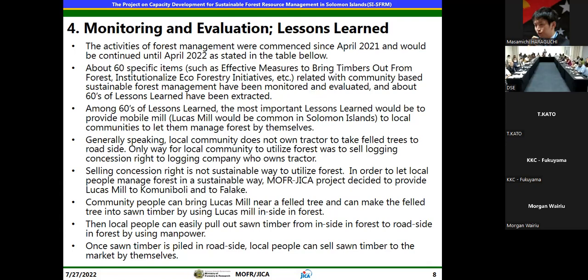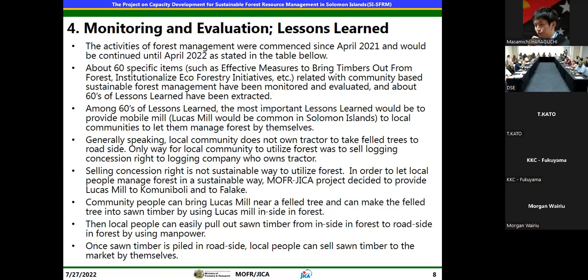Among the 60 lessons learned, the most important lesson learned would be to provide mobile mills. Lucas mill would be common in several areas, to local communities, to let them manage forests by themselves.